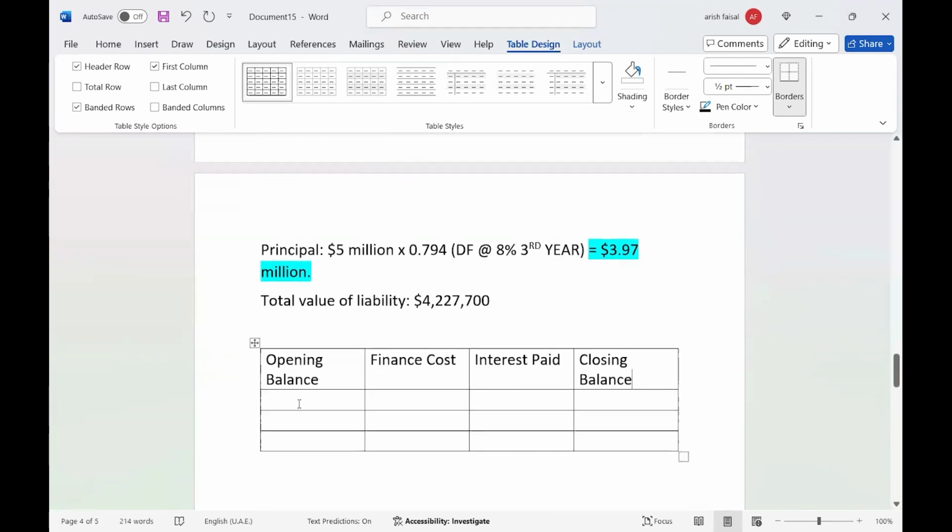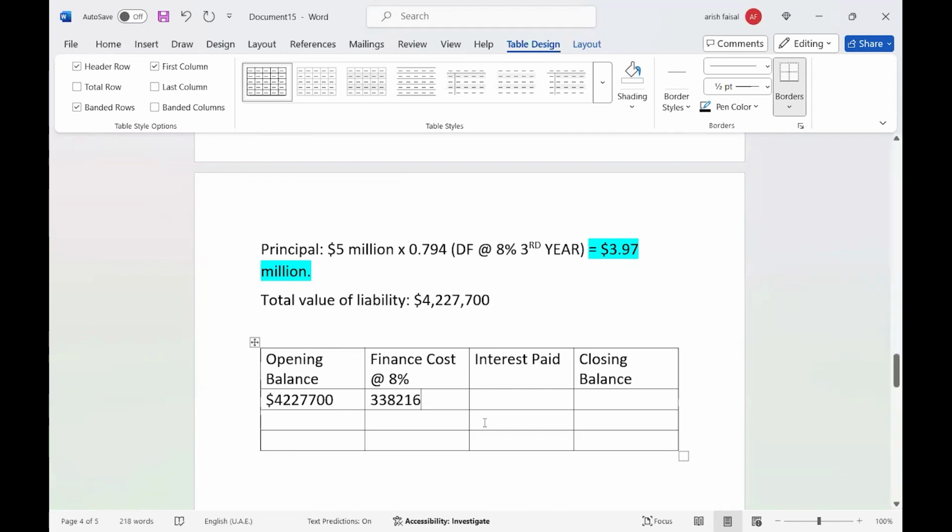So your opening balance of the liability is 4,227,700, and on that the finance cost will be at the market rate or the effective rate, which is 8%, right? So 4,227,700 into 8%, you get a finance cost of 338,216.